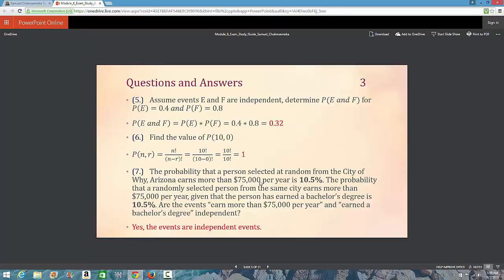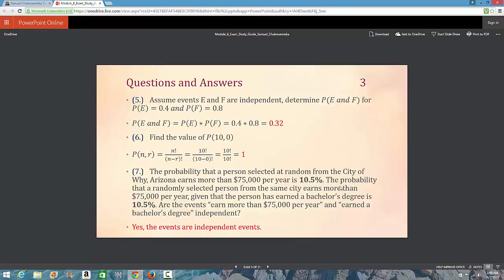Let's say that event A is the event that the person selected at random earns more than $75,000 per year. Then let's say that event B is that the person selected at random earned a bachelor's degree. So the probability of event A is 10.5%.